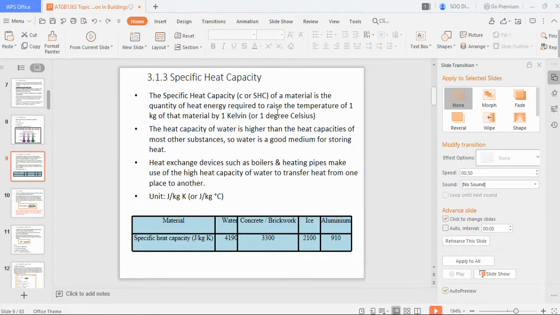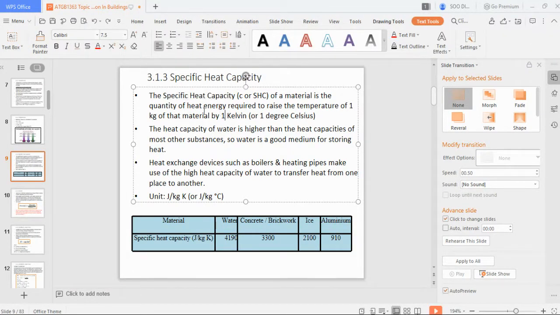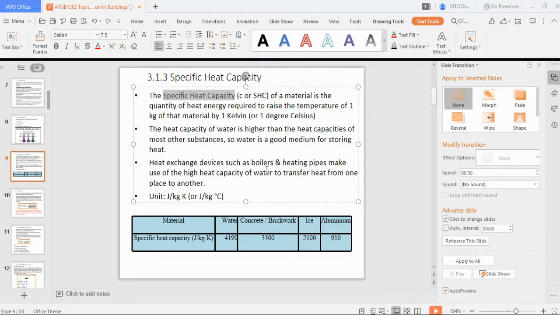Then we have our specific heat capacity. The specific heat capacity of a material is the quantity of heat energy required to raise the temperature of 1 kg of the material by either 1 Kelvin or 1 degree Celsius. So this specific heat capacity is how much energy is required by the material to raise its temperature by 1 degree.